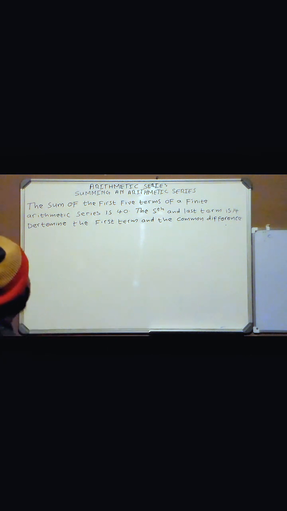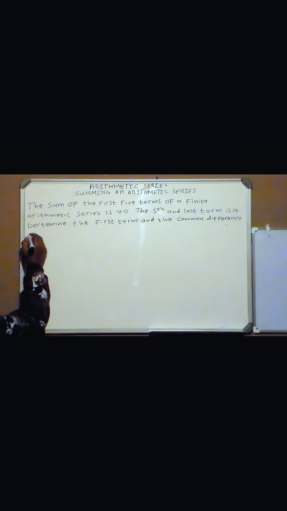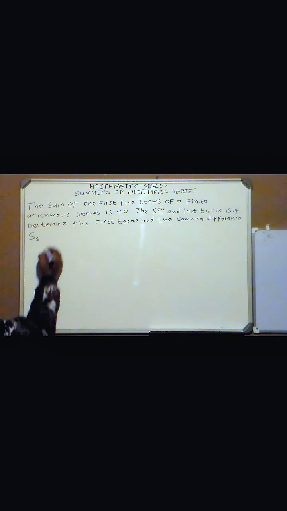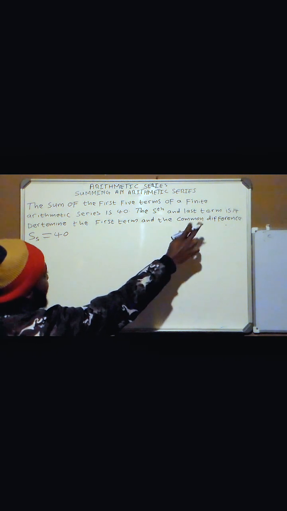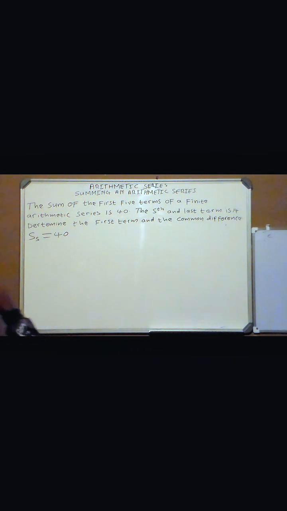So what are we given here? We are given the sum of the first 5 terms. So we are given S sub 5 as 40. And then we are given the fifth and the last term. So they are telling us that the last term is T5, which equals 14. Sharp.